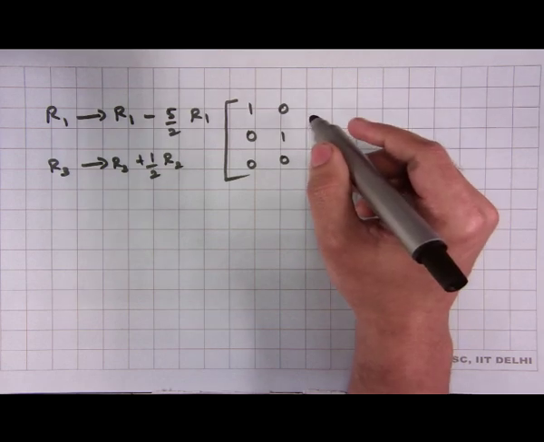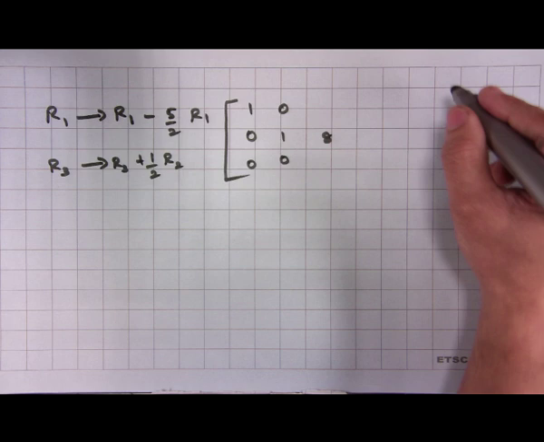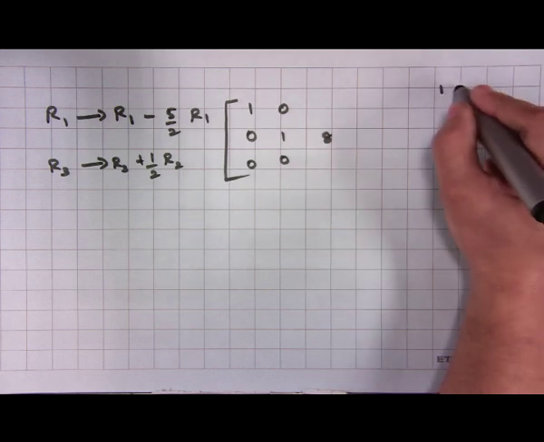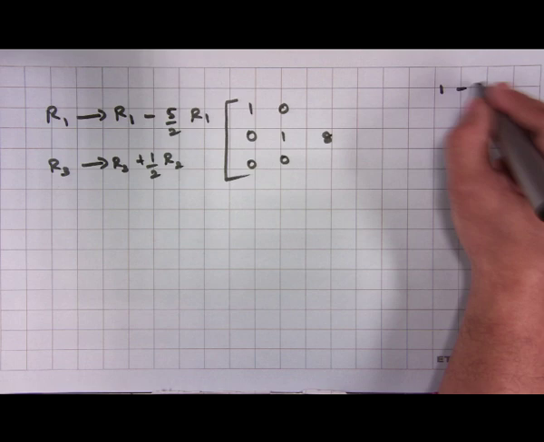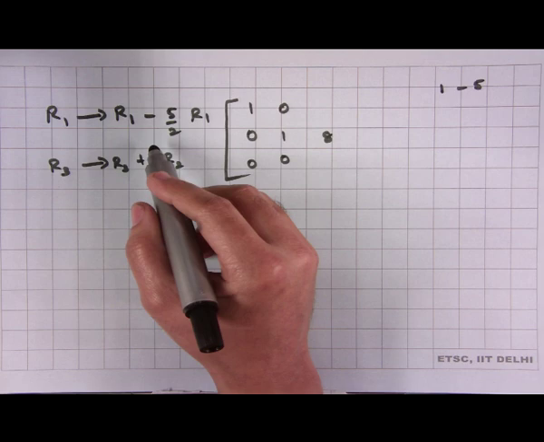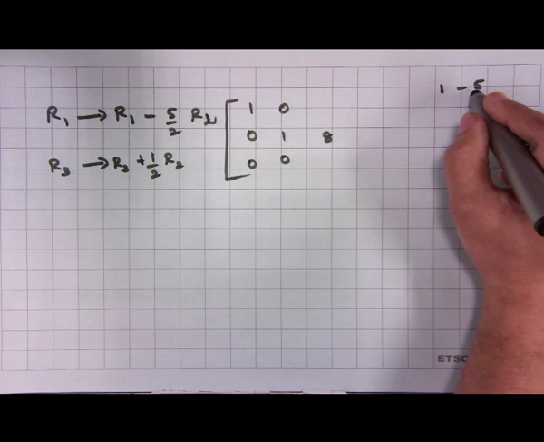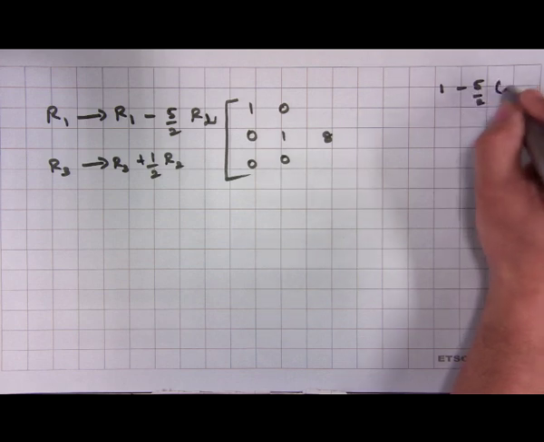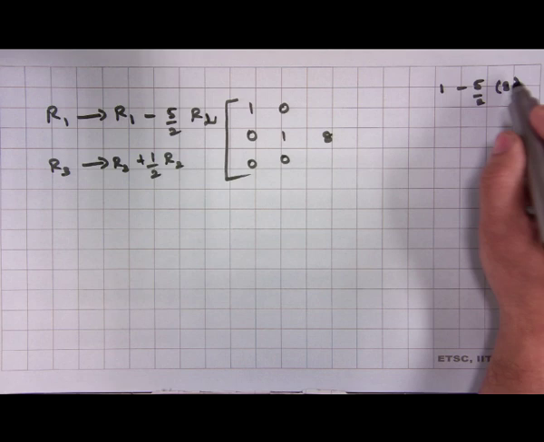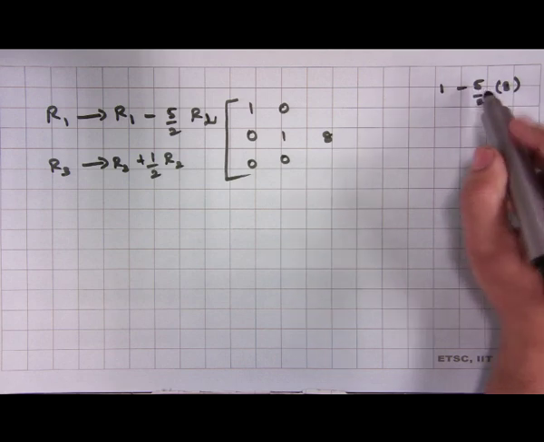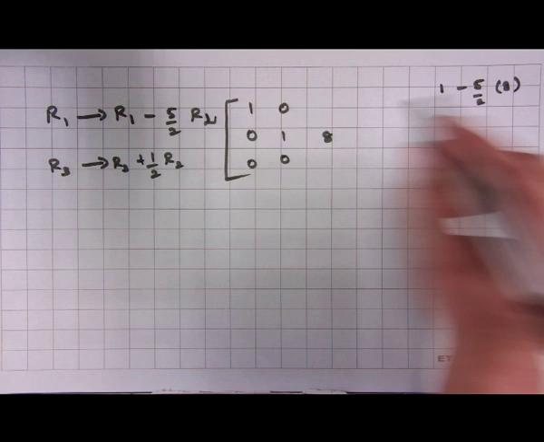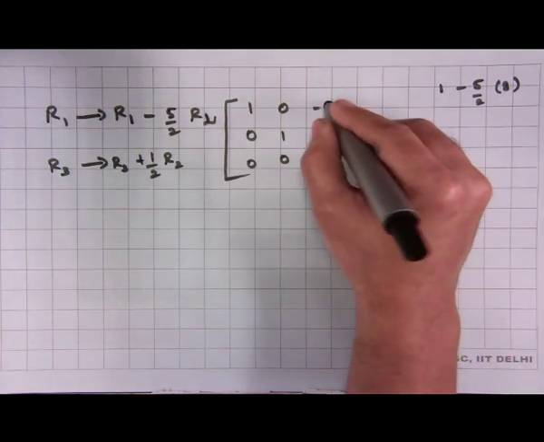The first one, which is R 1 minus 5 by 2 times R 2, where 5 by 2 times 8, 4, 20. So, 1 minus 20 will give me minus 19.